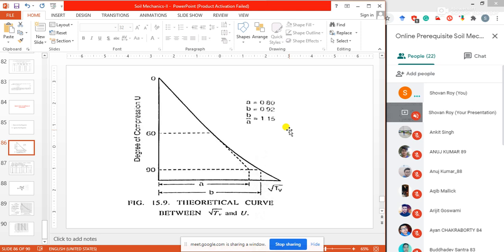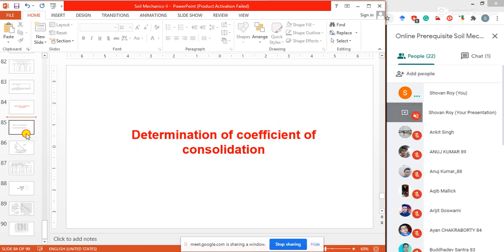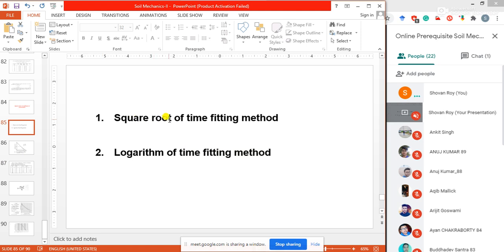Suppose you have seen this curve, after that I am showing you one table, which is used for determination of the coefficient of consolidation by this square root of time fitting method.